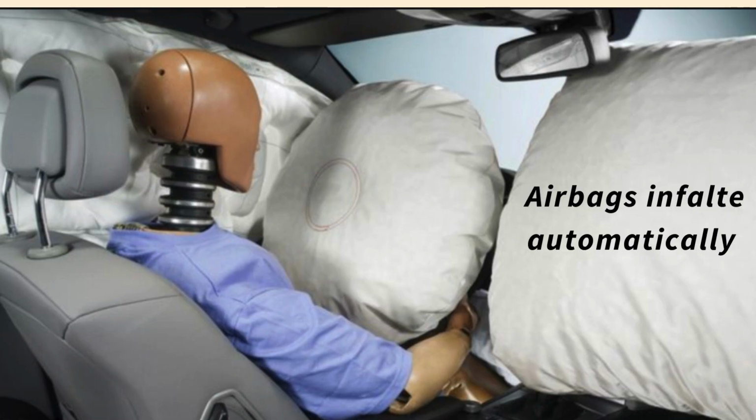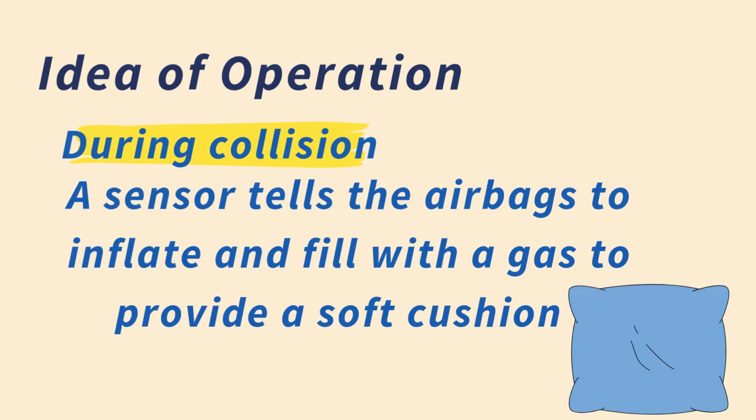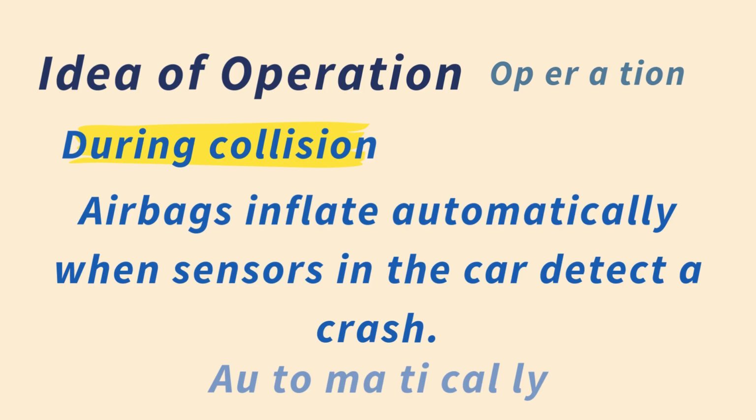At this moment, the airbags inflate automatically, okay? So during the collision, the sensors tell the airbags to inflate and fill with gas to provide a soft cushion. It looks like the soft cushions of the sofa in our homes, okay? So the airbags inflate automatically when the sensor detects that there is a crash.